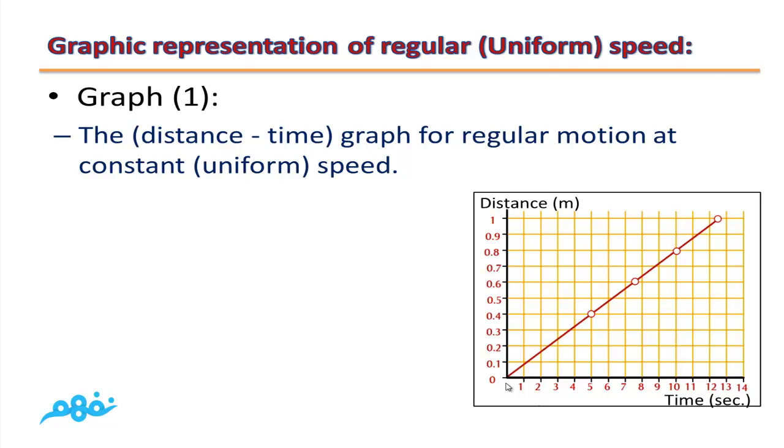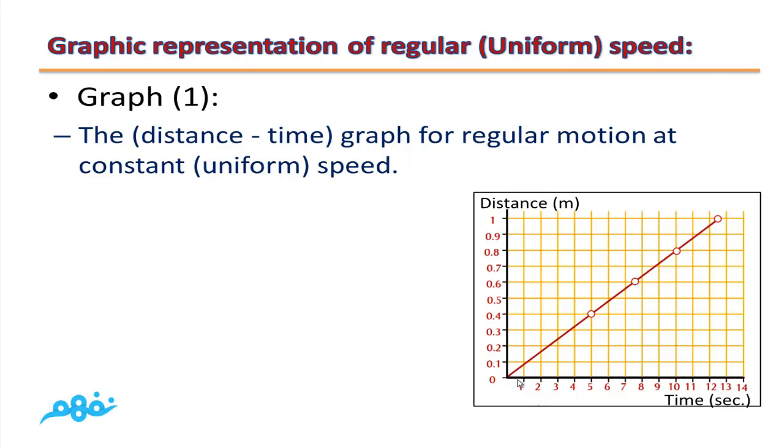As we can see, we have y-axis, which represents the distance in meter, and x-axis, which always represents time in seconds. And as we can see, as time increases, the distance also increases, so they are directly proportional.